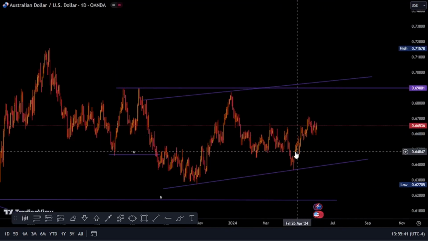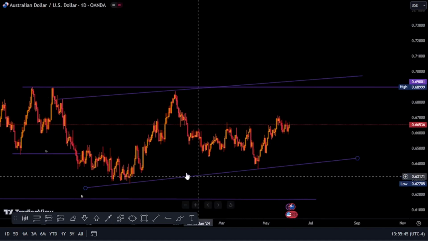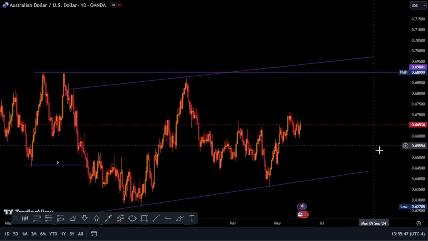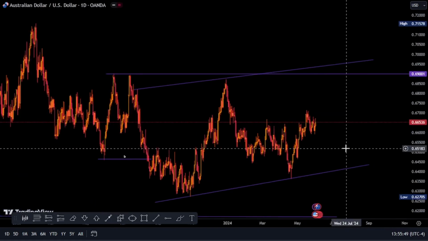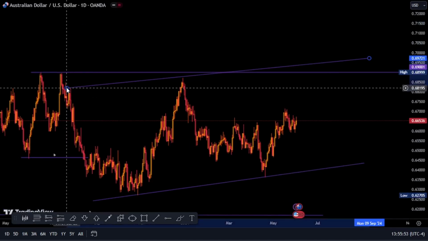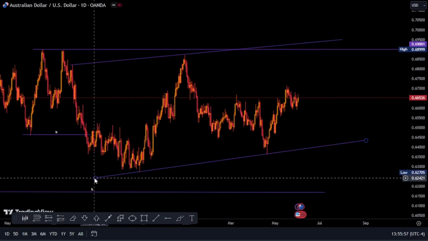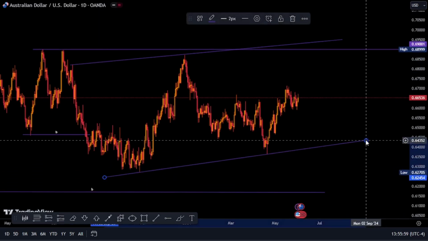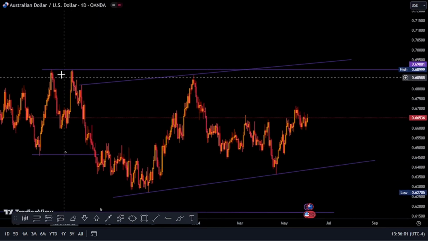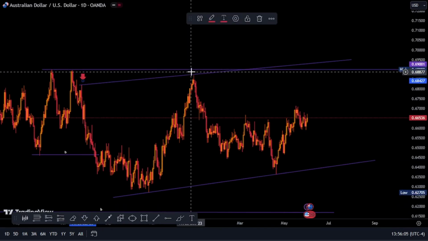And then after identifying our correction levels, what happens is now we look at where we are. We have our first touch, we have our second touch, right?